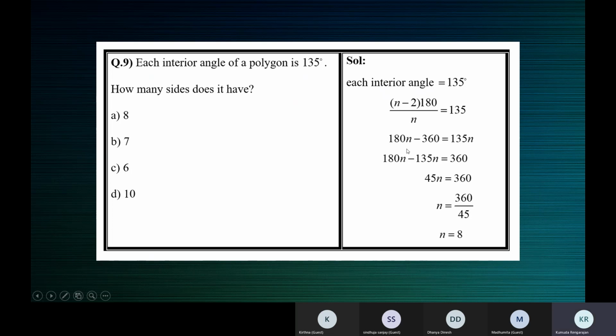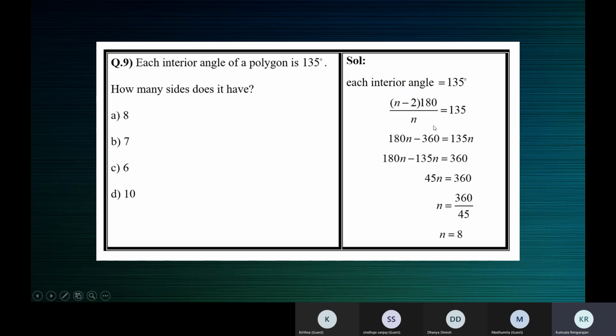Now cross multiply. So here 180 into n is 180n. 180 into minus 2 is minus 360, is equal to cross multiply, 135n. Now gather the n terms on one side because you have to find the value of n.